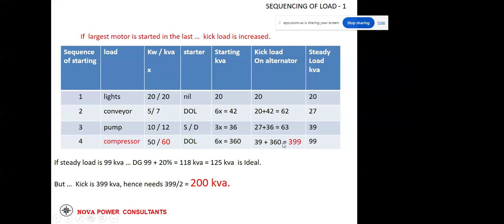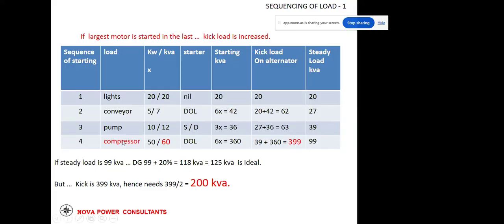But what happens? We have to consider this kick load. The kick load is 399 and generator can sustain only 2 times the load. So if we consider 400 kVA is the kick demand, the generator should be of 200 kVA just to take the load of the starting of the compressor.